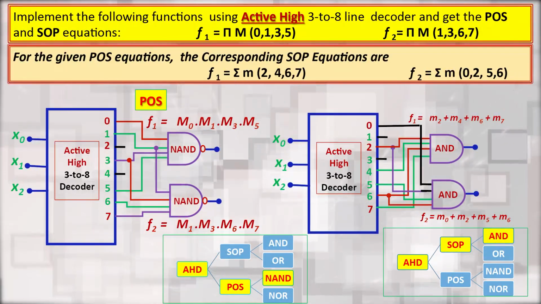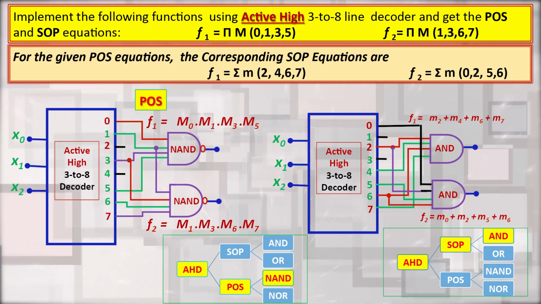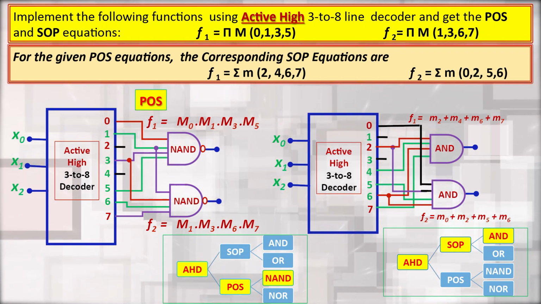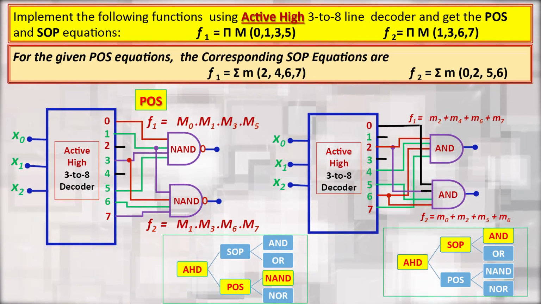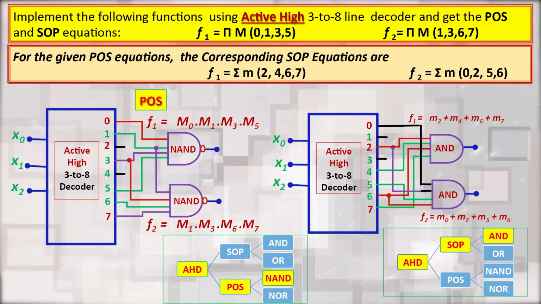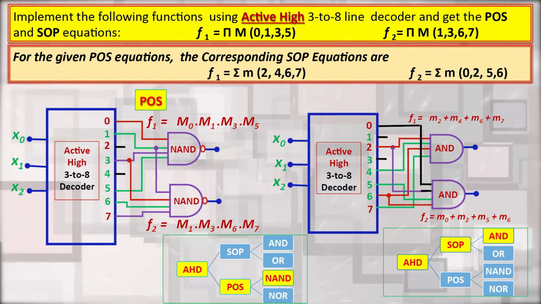In this problem it says implement the following function using active high 3 to 8 decoder and get the POS and SOP equation. So, two POS equations are given, and it says active high. You can refer to this chart diagram.